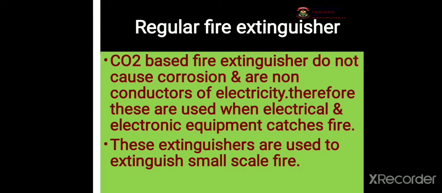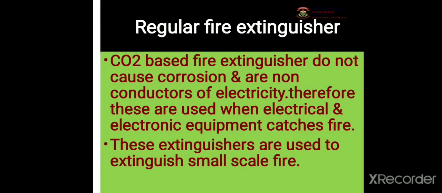But these extinguishers are useful for small scale fires, and we cannot use them for a large scale or big fire because it is beyond their capacity to extinguish a big fire.